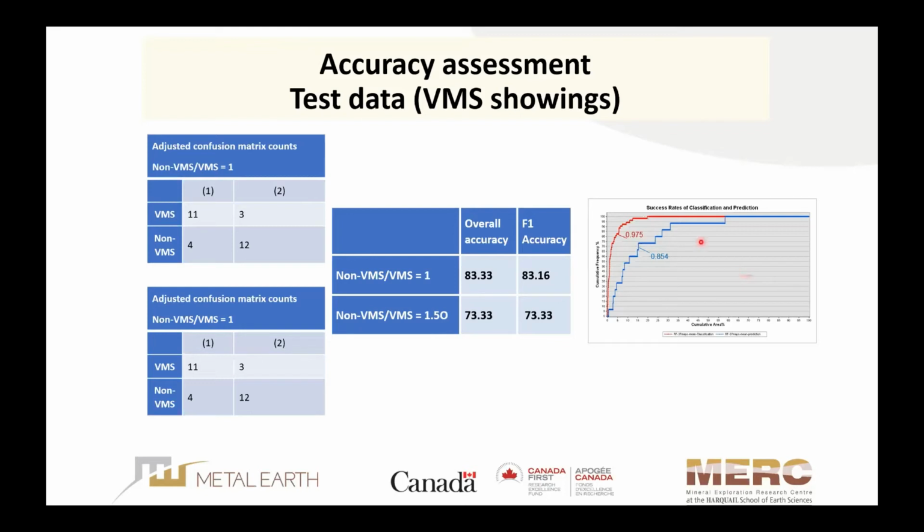And also we can see the area frequency curves. The success rate of classification is shown in red, and the success rate of prediction is shown in blue, which is less, but this always is expected because we are assessing using the data which were not in the classification.